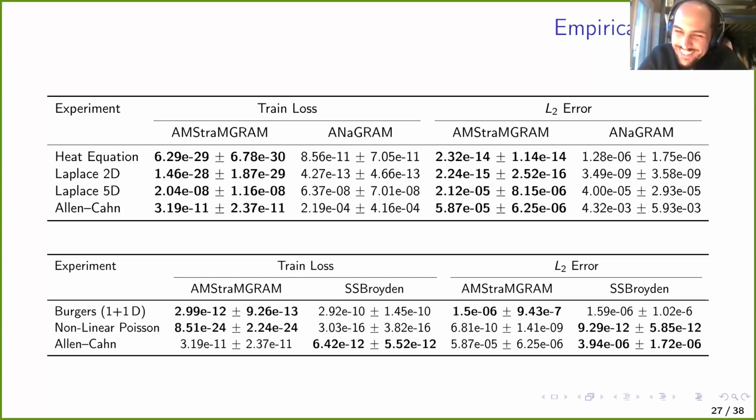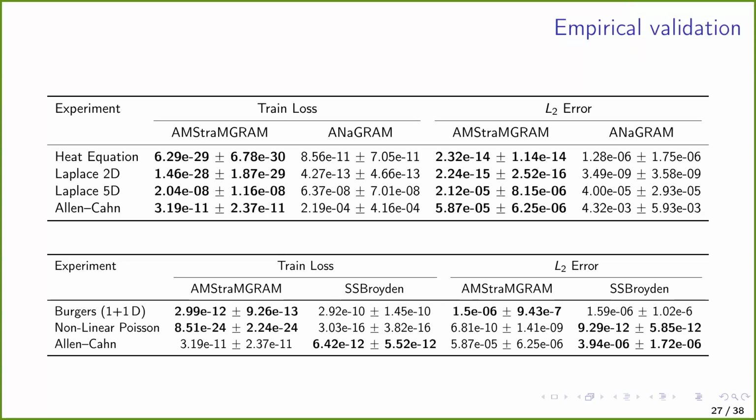Elham has a paper which is a follow-up of the paper that you cited by Jorge Urban on optimizing the optimizer. With SS-BFGS or SS-Broyden, we get 10 to the minus 8 for Burgers. It's very good, two orders of magnitude better.